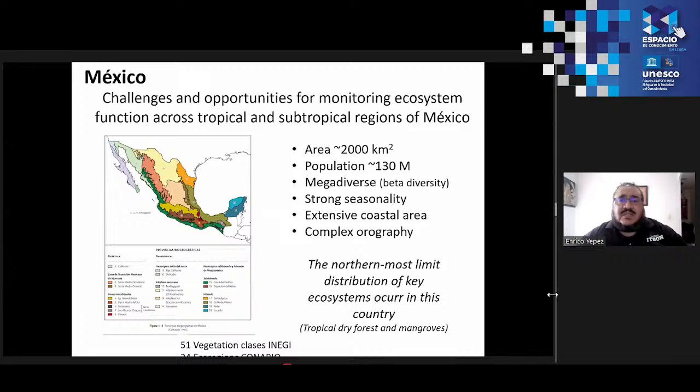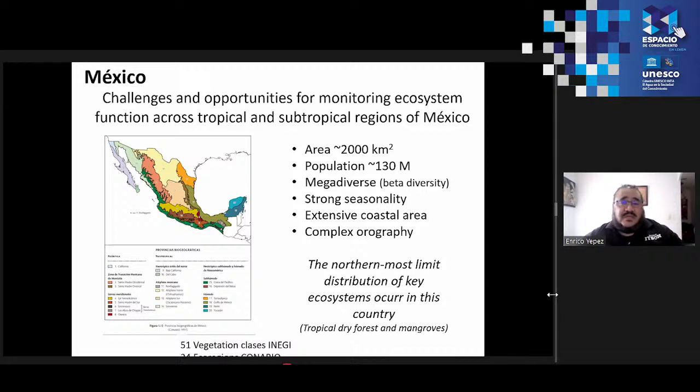aspect to our ecosystem. We have a very complex orography. We have two sierras, on the eastern and western sides of the country, and a volcanic belt in the central part of the country, which is part of why we have this megadiversity. It also has an effect on the climatic conditions where these ecosystems exist, because we are just outside the subtropics.